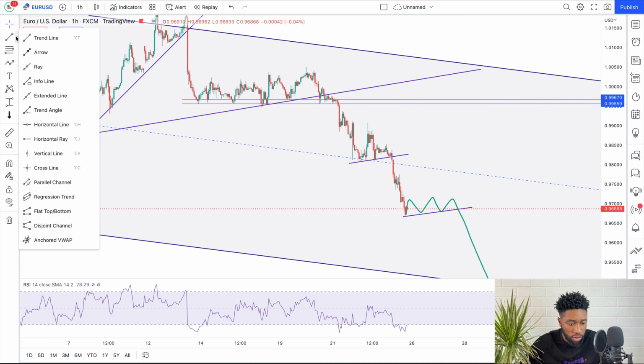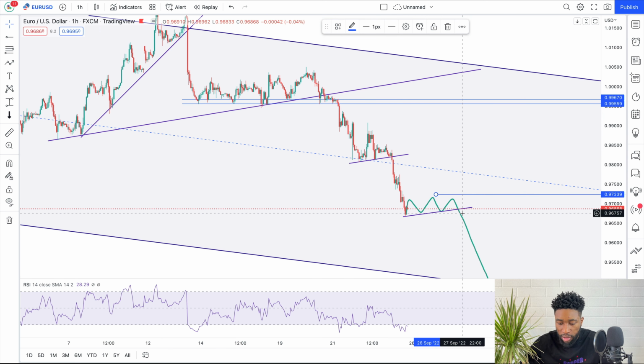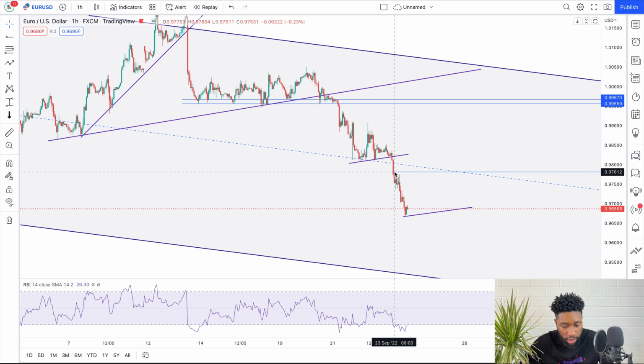So my stop loss is going to be around these highs, and my take profit is going to be at the bottom of this channel. But if I was not to wait for this consolidation and just open a sell trade here, then the logical place to put my stop loss would be around here, or around here, you see.